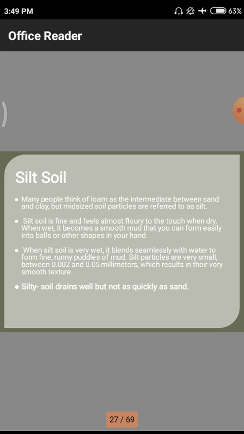The silty soil is very wet. That means it will absorb more water. It blends seamlessly with water to form fine pebbles or mud. Normally the silty soils absorb water into pebbles or mud particles, and the particle size varies from 0.02 to 0.05 millimeters.